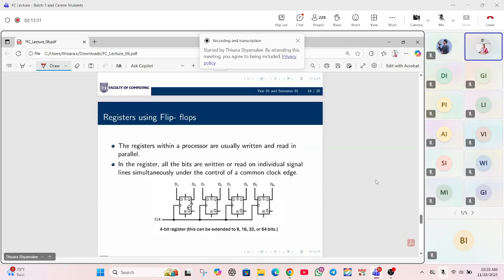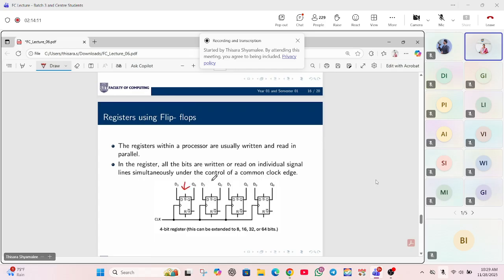These 4-bit registers are created using four 1-bit flip-flops connected sequentially.